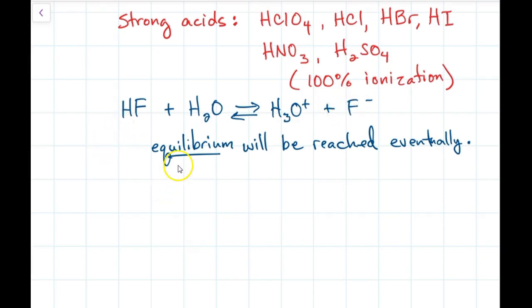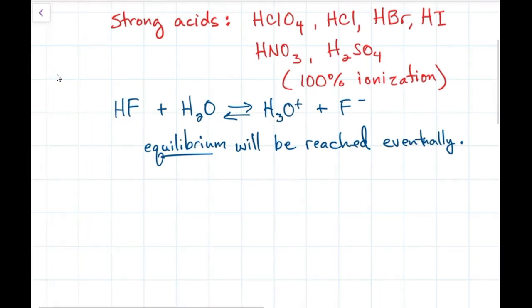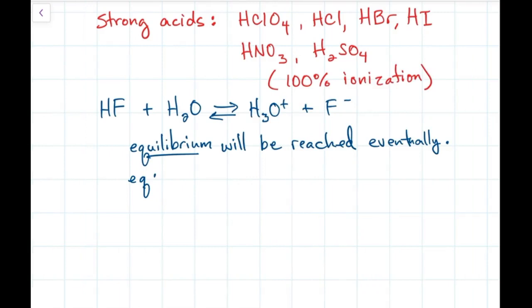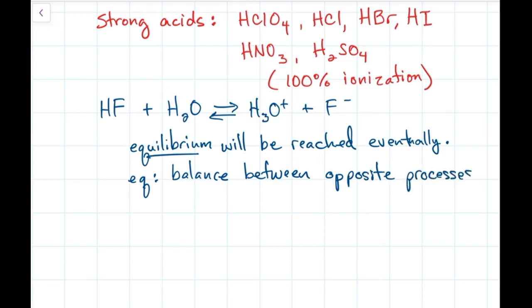And at that point we have equilibrium. So equilibrium, as a definition, is just a balance between opposite processes. So in the case of a reaction, we're just talking about the forward versus the reverse.